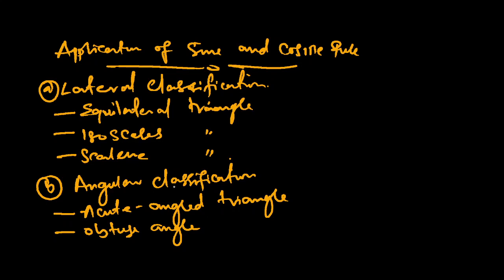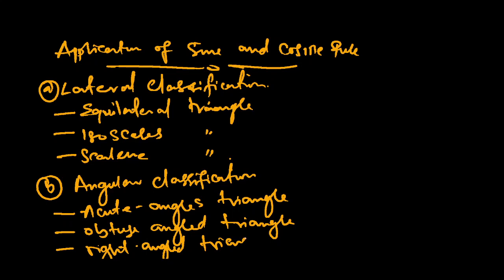Sorry, this is supposed to be acute angled, not acute angles. Acute angled triangle, and this one will be obtuse angled triangle. And the third one is right angled triangle. So this is angular classification of triangle.